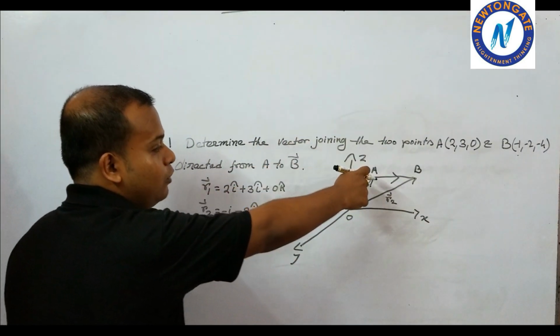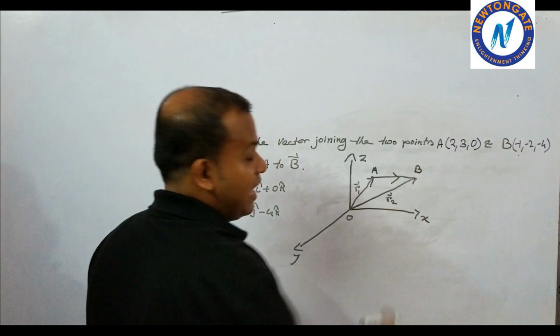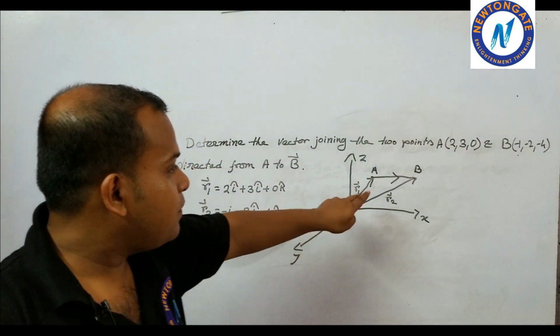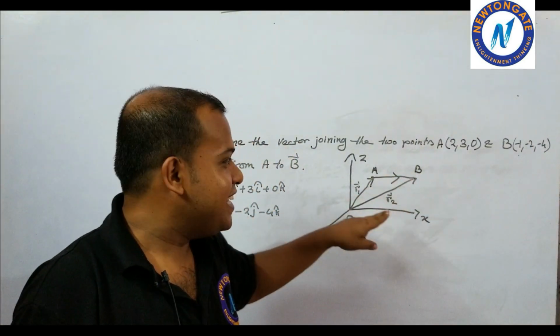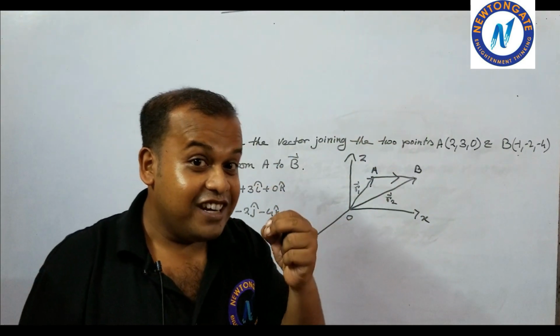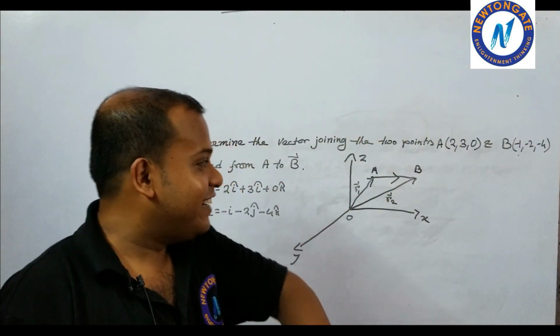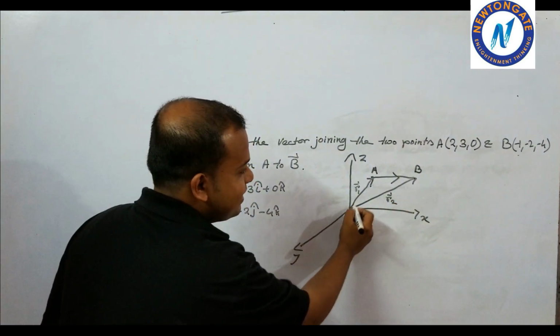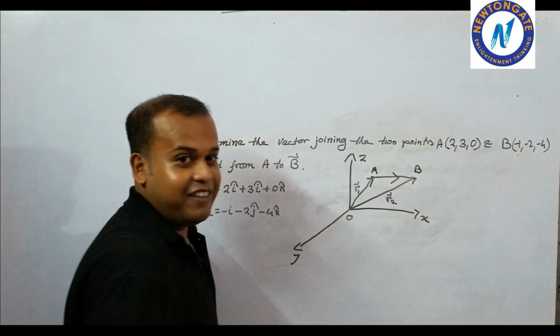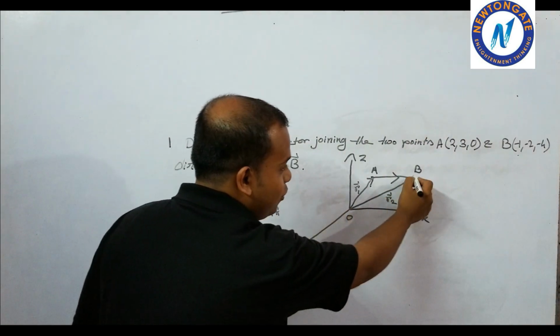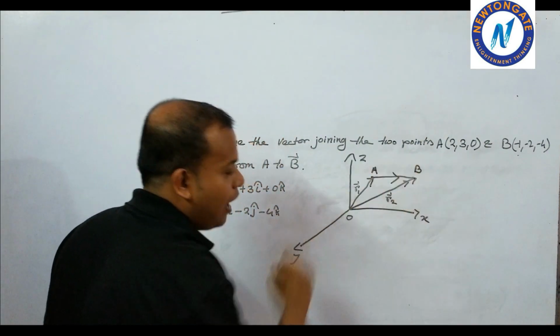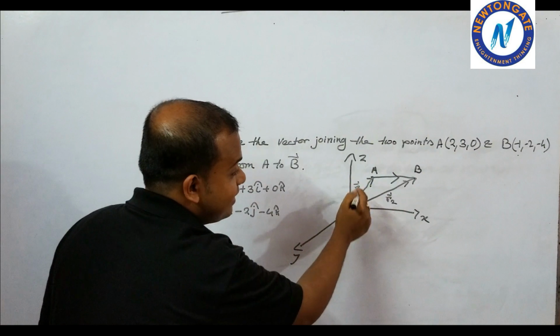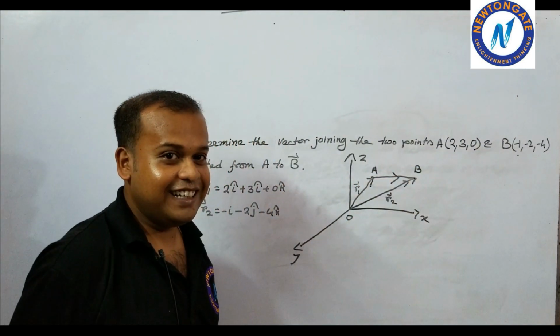Now we need to find this AB vector. From this picture, can you see that the triangle law of vector addition can be used here? Because this is a vector and this is another vector, and this R2 vector is basically the resultant of these 2 vectors, right?